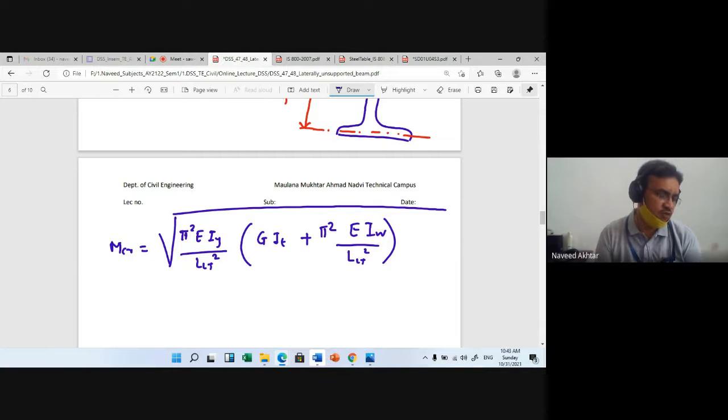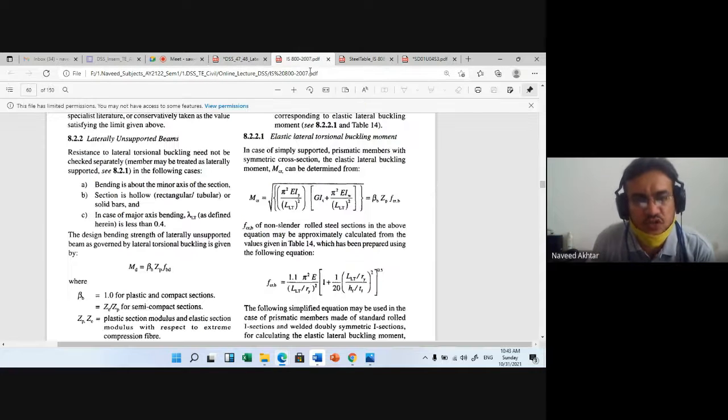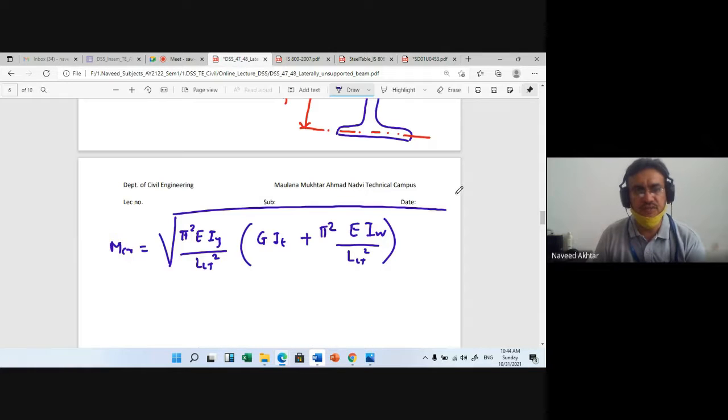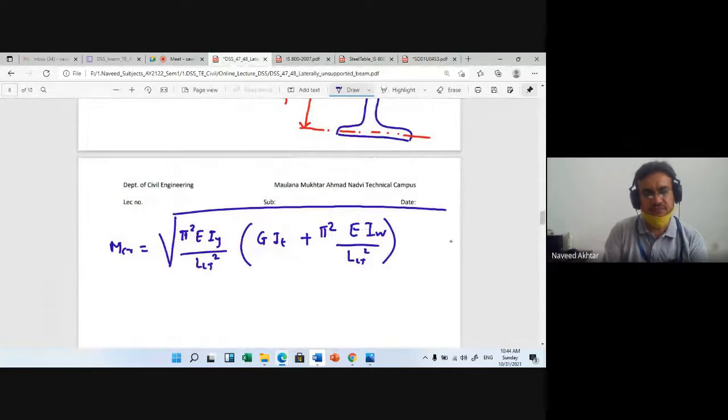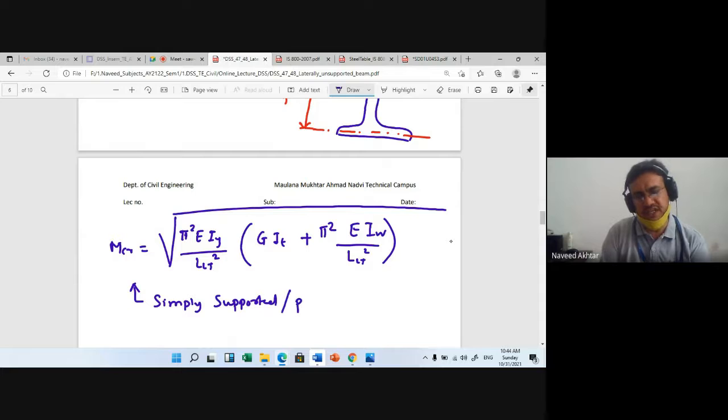This formula is for the lateral torsional buckling moment. This is given in the IS code, no need of remembering. As you can see here, 8.2.2.1: in case of simply supported prismatic member, symmetric cross section. So this MCR is for a simply supported prismatic member.